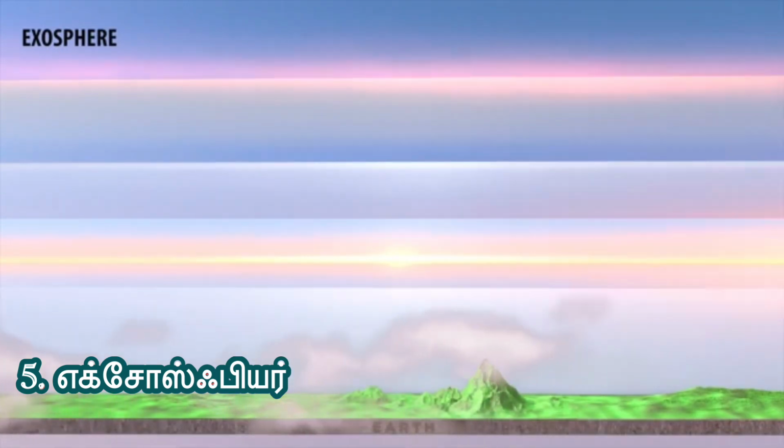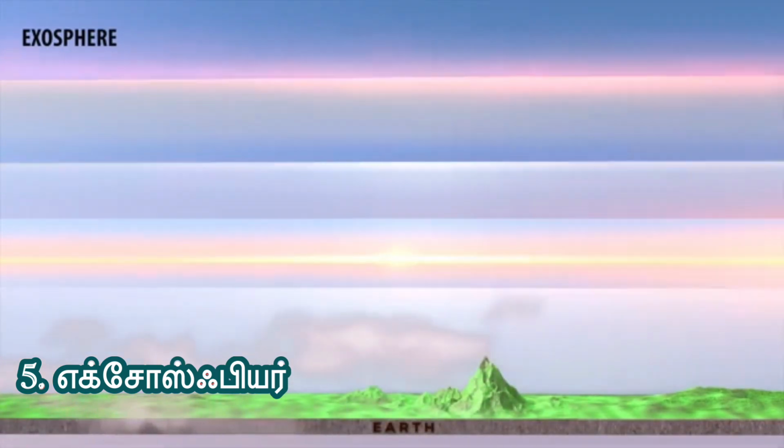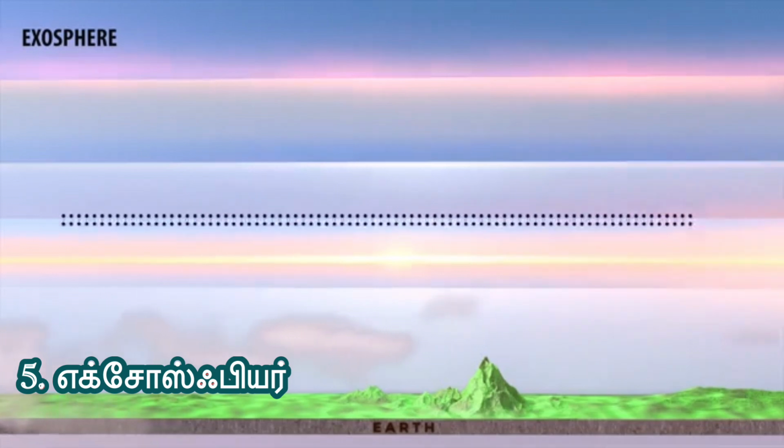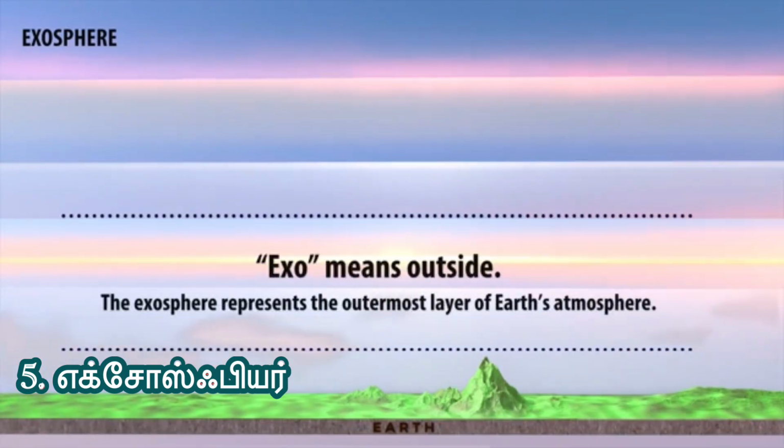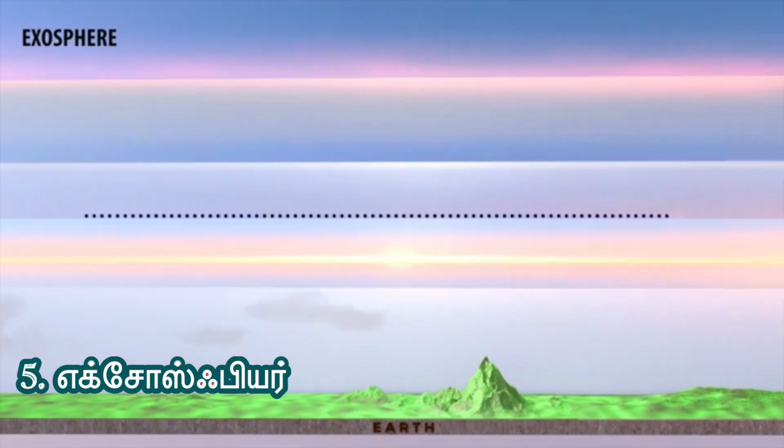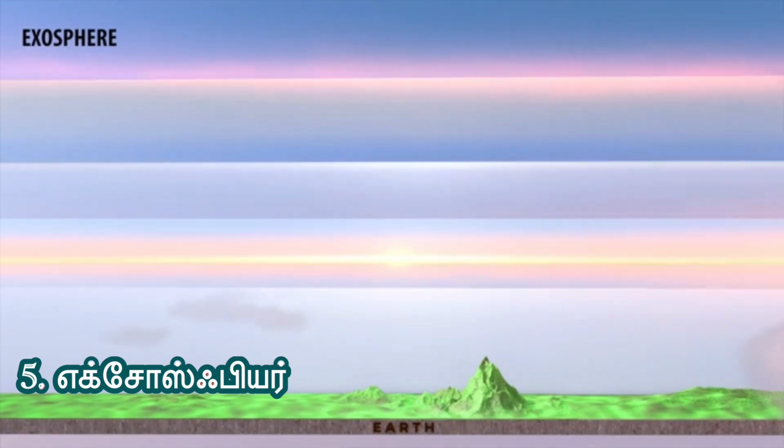And finally we're going to see the exosphere layer. That is the farthest and the last layer from the Earth's ocean level. Exo means outside, as I told you. This is the last layer, and it is very near to the sun, and it absorbs a lot of heat energy from the sun.